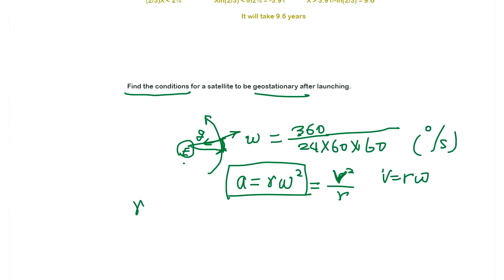So r omega squared equals g, and we know omega, so the condition is r is g over omega squared, and omega is given here, right? So you know the distance, the orbit radius, to be geostationary.